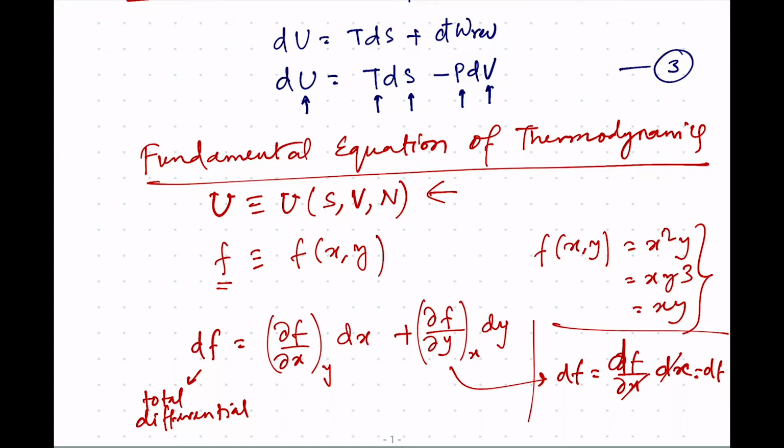So if it is a function of just one variable, the change in the value of the function is the slope, df by dx, multiplied by the change in the variable, just like in the single, one-dimensional case.